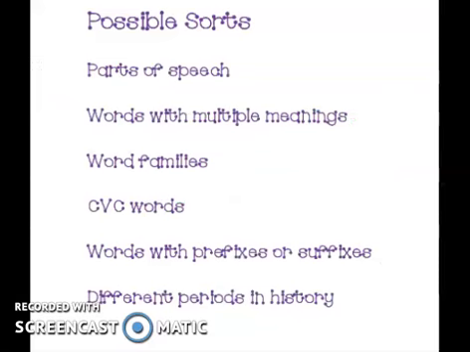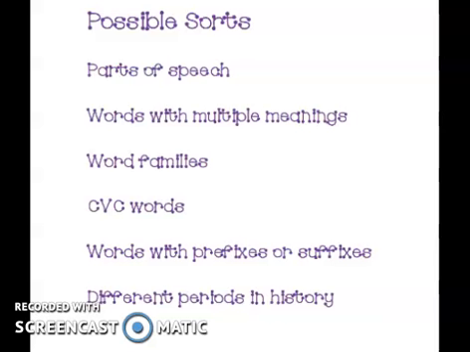There's tons of different possible sorts that you could use with your students. I've just listed a few, and I took that from the book. Different parts of speech. Is this a verb or a noun? You decide. Words with multiple meanings. Word families, like cat, bat, hat. CVC words with the different medial sounds.